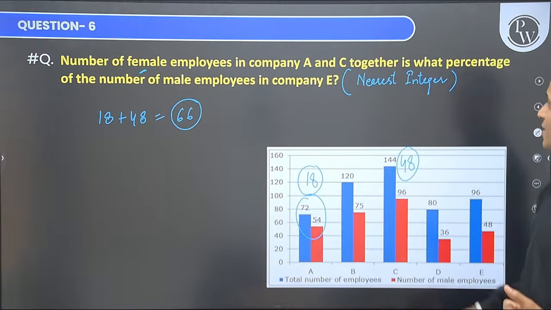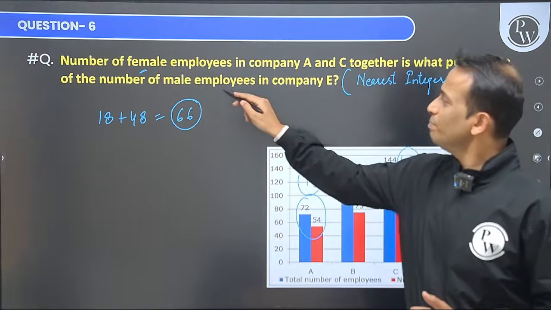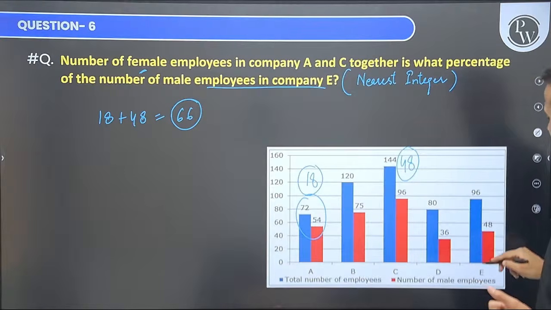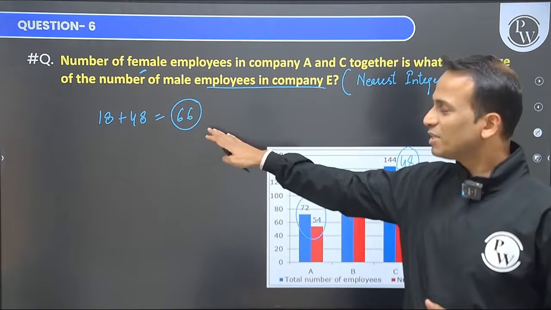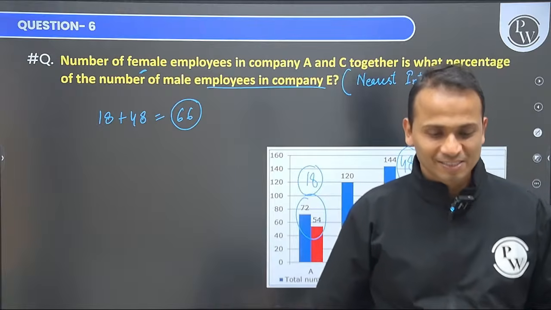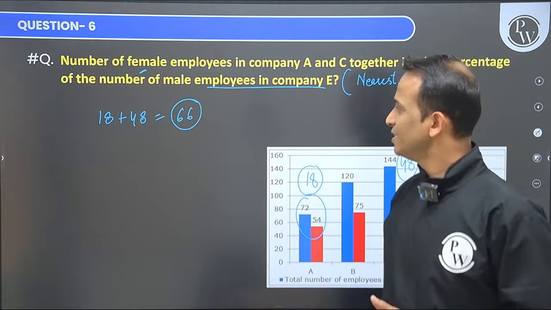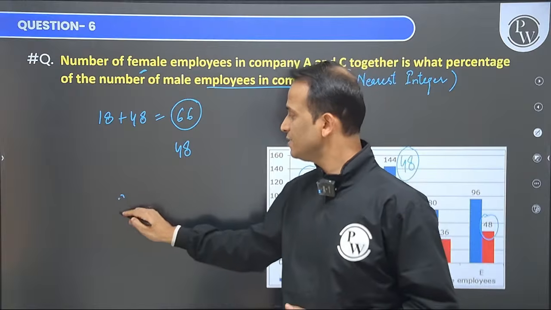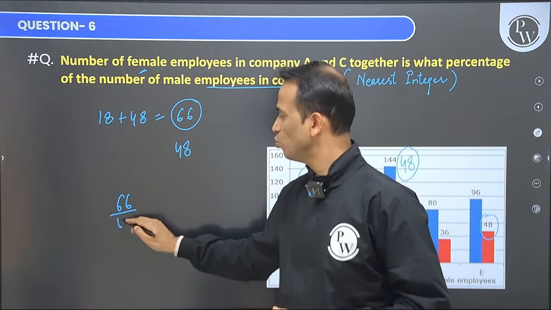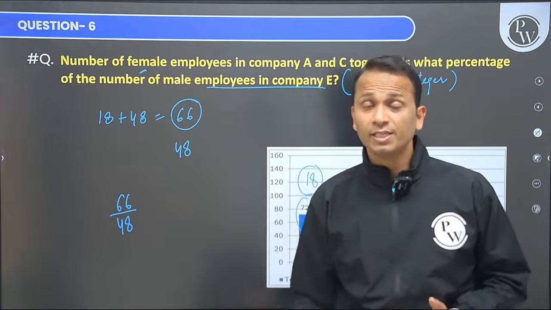66. Okay. Is what percentage of the male employees in company E? Company E male employees, it is 48. So is this number correct? All right. So the second number is 48. We'll have to determine 66 is what percentage of 48.